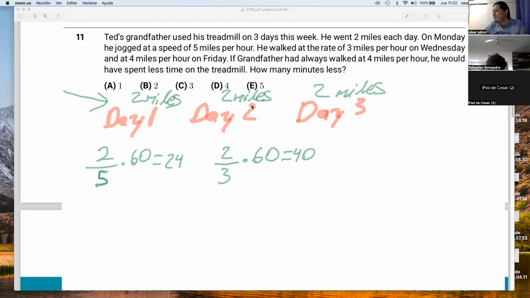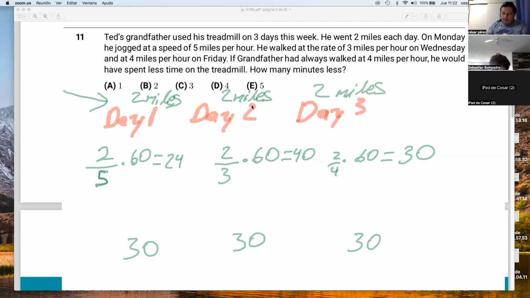And in day three, 30 minutes. 2/4 times 16 minutes. If grandfather had always walked at 4 miles per hour, he will walk 30 minutes here, and 30 here.